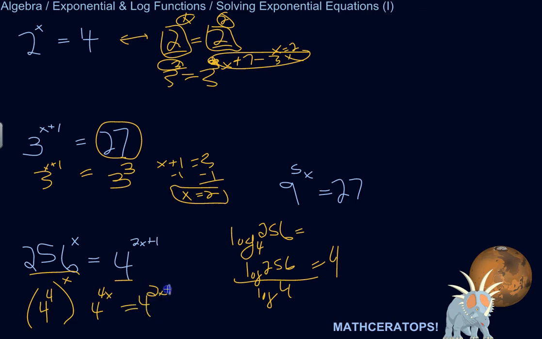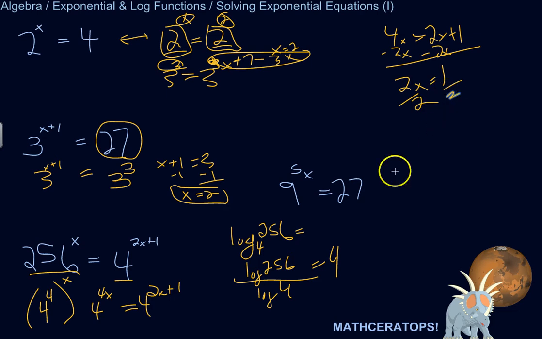Therefore, 4x is equal to 2x plus 1. Subtracting to get the x's on one side, 2x is equal to 1. So x is 1/2. Boom, that's it. Looks crazy, right? Not too bad.